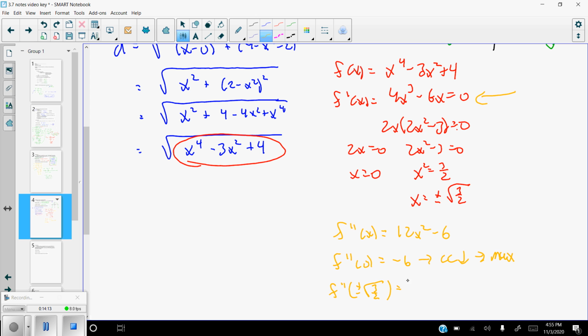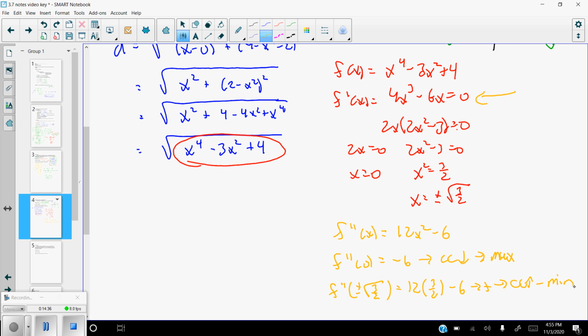I'm going to get 12 times 3 halves minus 6. 12 times 3 halves is 36 over 2, which is 18 minus 6. So that's positive, which means that it is concave up, which means that that indeed gives us a minimum.